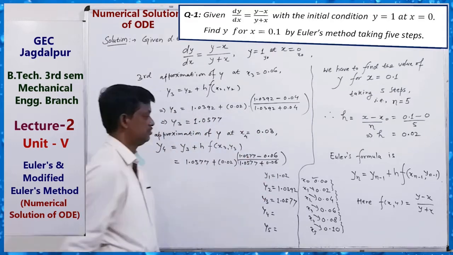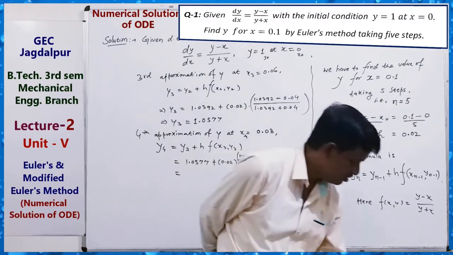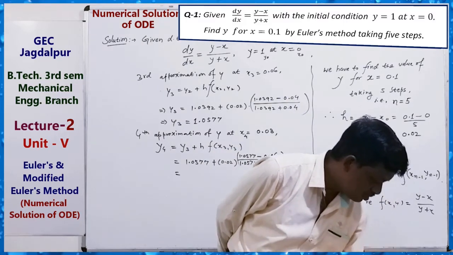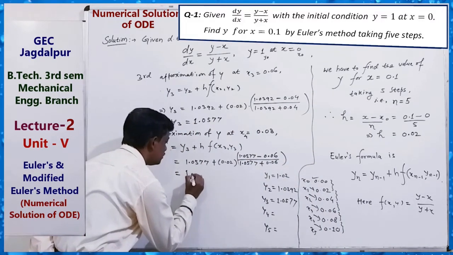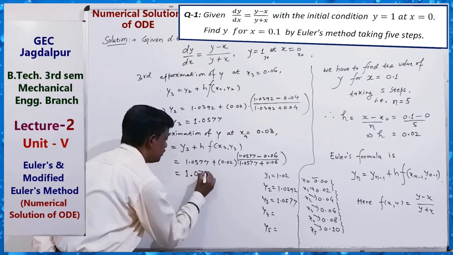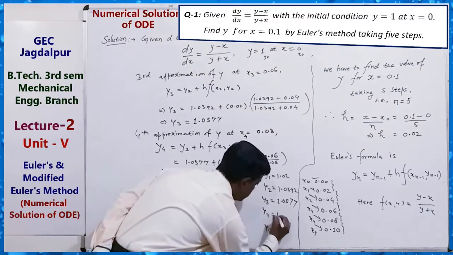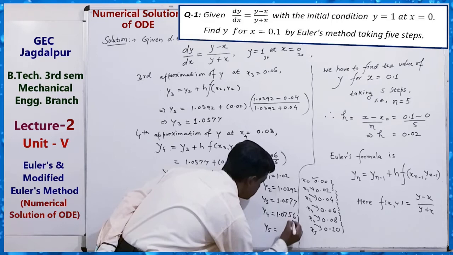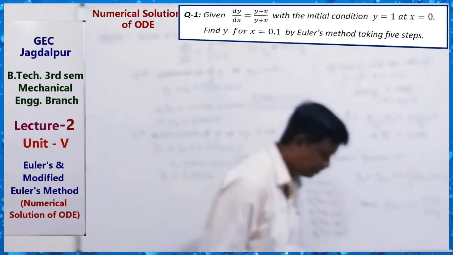Just calculate it and you get the value 1.0756. That is y4 equals 1.0756. Clear?